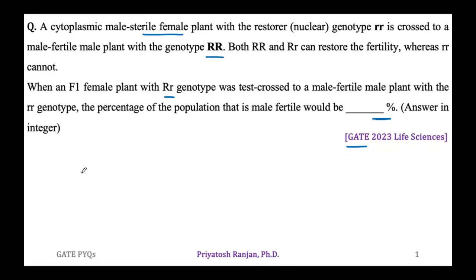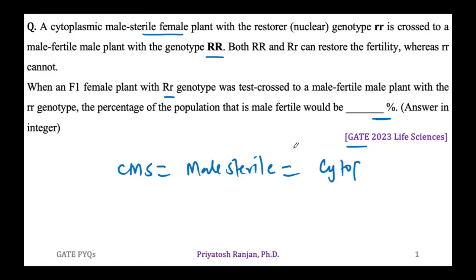So before solving this question, let's try to understand what is asked. This question deals with cytoplasmic male sterility, a phenomenon where the plant cell is unable to produce functional pollen. So the male is sterile, and the mode of inheritance is cytoplasmic, as is clear from the name.